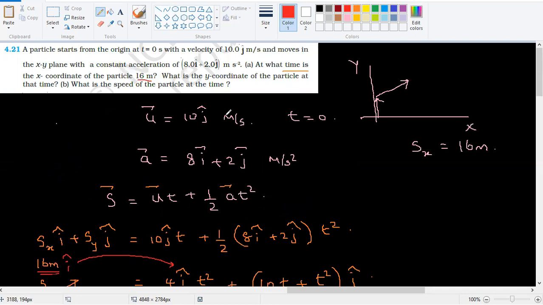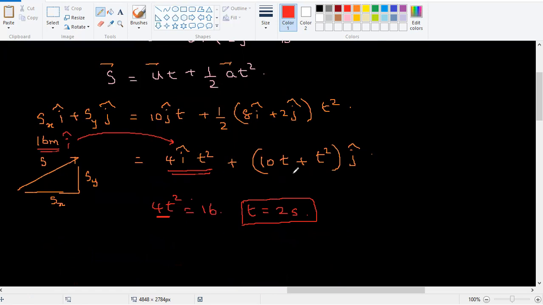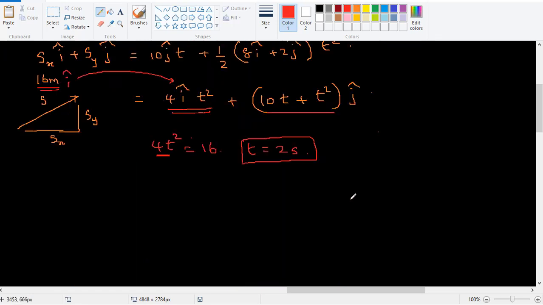Or maybe, did they ask what is the y coordinate of the particle at that time? Oh okay, you are right. So what is the y coordinate of the particle at that time? That means they are asking you to find this coordinate. So t is equal to 2, substitute it here and you will get the y coordinate. This is 20, 2 squared is 4, so 24. That means Sy, the y direction, is 24.